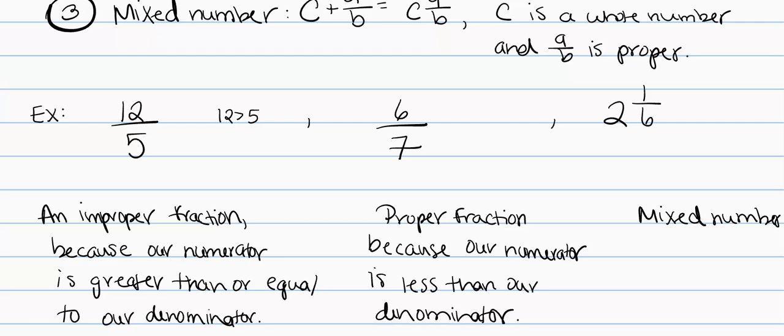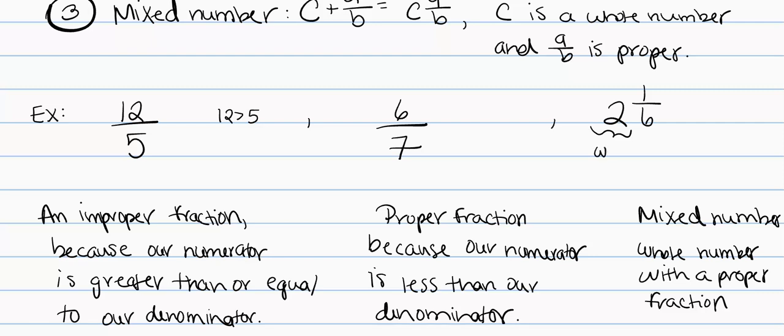Now, a mixed number is just a whole number with a proper fraction. As you see, my whole number is the 2, and my proper fraction is the 1 over 6, and it's proper because my numerator 1 is less than 6.